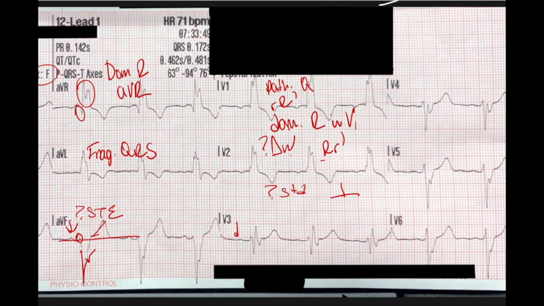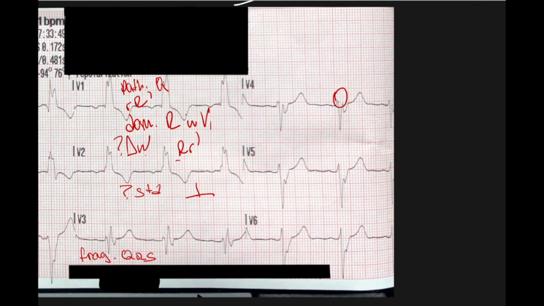In V3, we have the P wave. We have these, let's just say, fragmented QRS again. STs seem fine. And the T waves are upright.